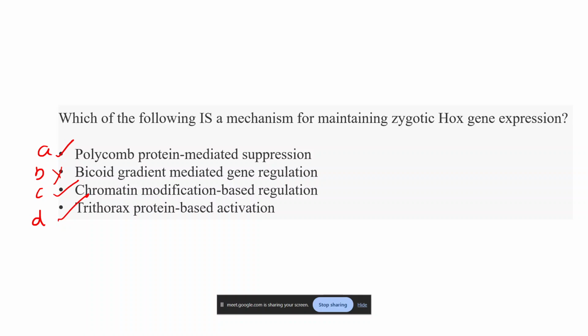Chromatin modification based regulation is an umbrella mechanism that includes histone methylation, acetylation, nucleosome remodeling, and both polycomb and trithorax act through chromatin modifications. Trithorax based activation keeps the Hox genes on in the domains where they were first activated, and it works via H3K4 methylation and nucleosome remodeling, that is SWI/SNF remodeling.